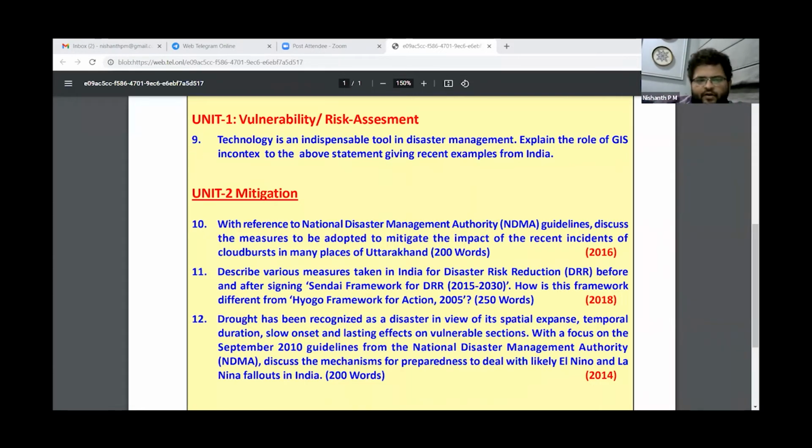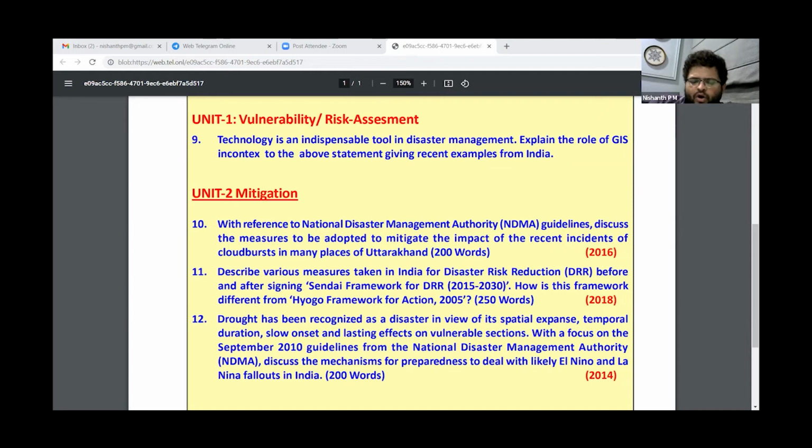So for this particular question, we have to write the measures taken before signing the Sendai framework and after signing it, and then give a comparison between the Hyogo framework and the Sendai framework. So it is a very factual question.